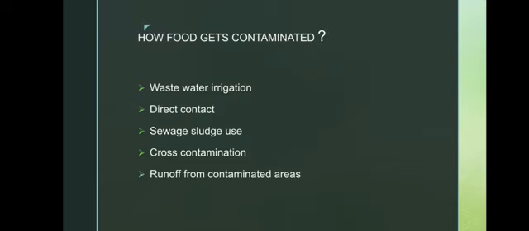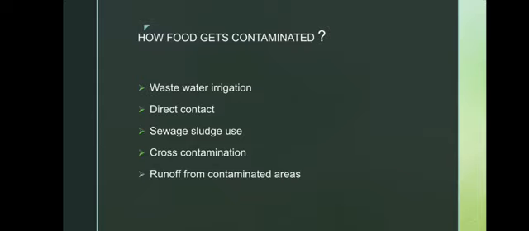How food gets contaminated. Like I said, wastewater irrigation is a main source of how sewage gets into the food chain. People from rural areas who don't have much knowledge of these things use wastewater for irrigation purposes, and because they don't have any resources, they use wastewater irrigation.